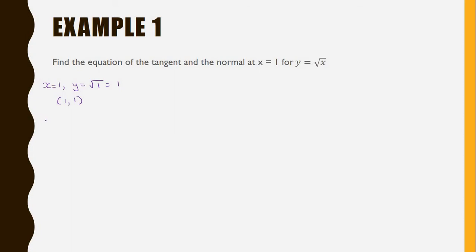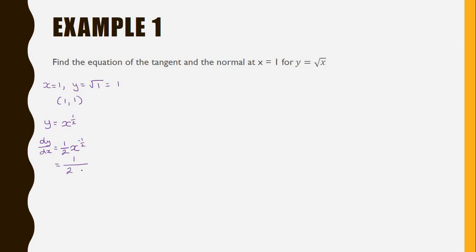In order to find the gradient, we need to rewrite our equation. Square root of x is the same as x to the power of a half. So to find the gradient, we need the derivative function, dy/dx, which we find by taking the half, multiplying by the power, and subtracting 1 from the power. Half minus 1 is -1/2. We can also write this as 1/2 times x to the power of -1/2.